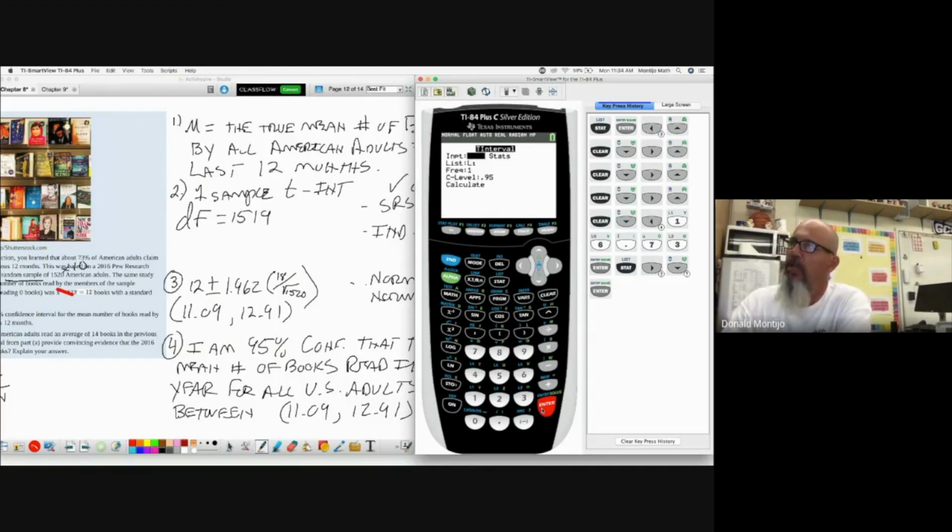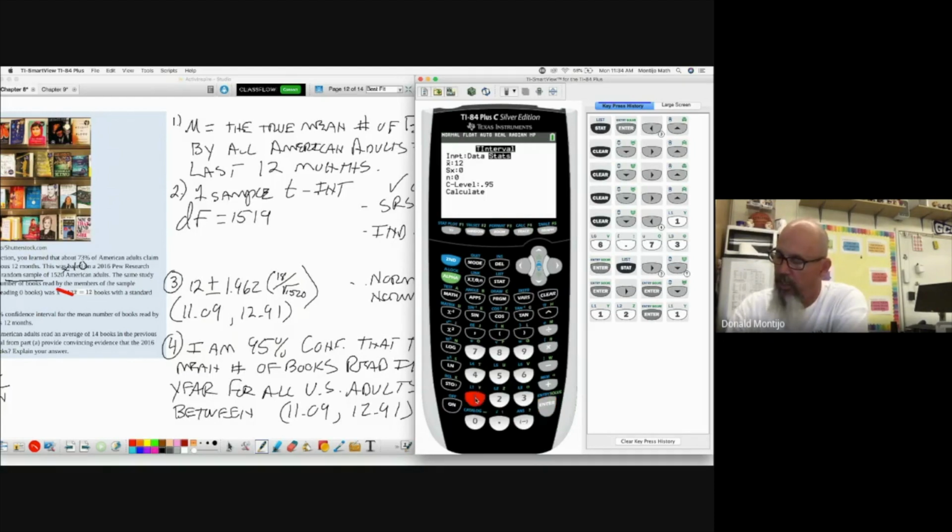Now the calculator is going to prompt us. Do we have data? Nope. We don't have all 1,520 data points in a list. So we have statistics. So we tell the calculator, we got stats. And they say, okay, cool. What's your sample mean X bar? Oh, my sample mean X bar was 12. What was your sample standard deviation S?